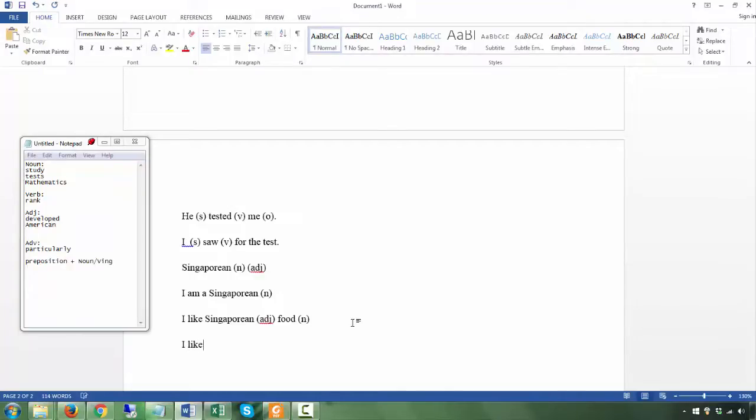For example, "I like football." If you want to ask someone, "Do you like football?" Here, this is in the present simple tense. You're using actually the auxiliary, helping verb, so you start with a verb.